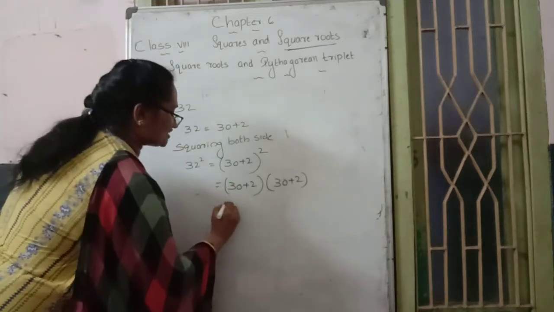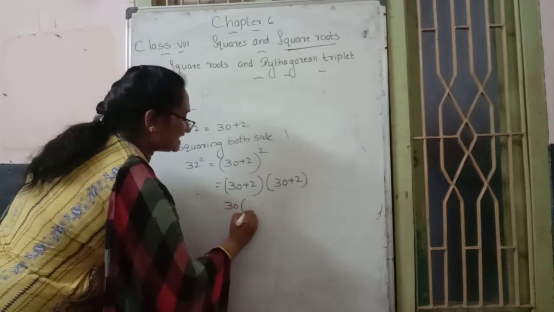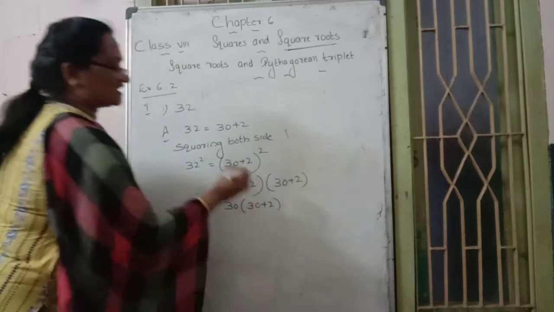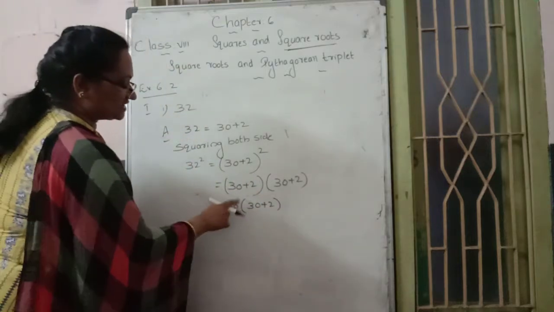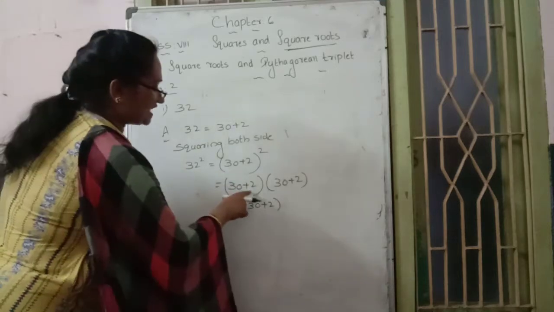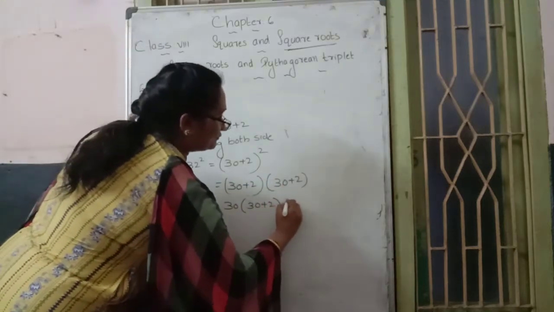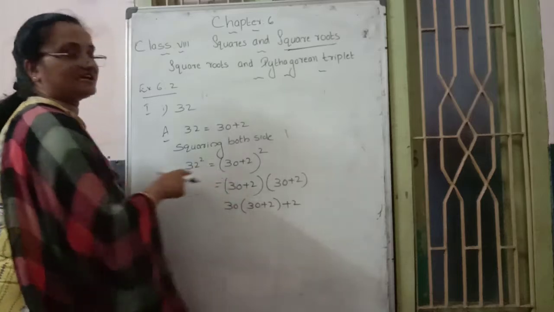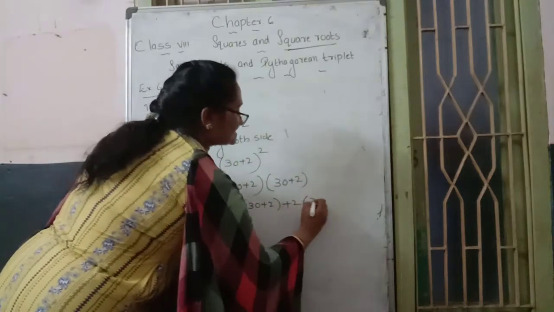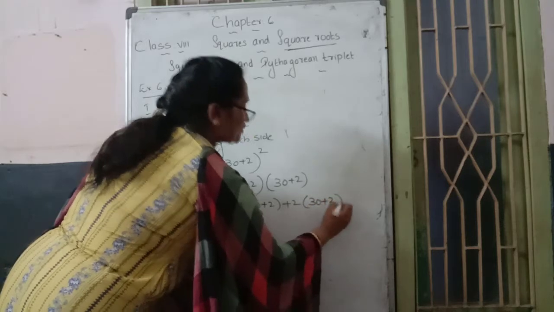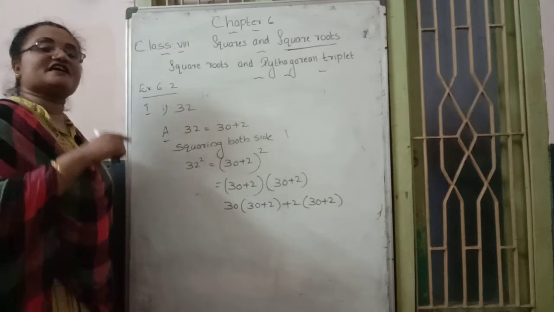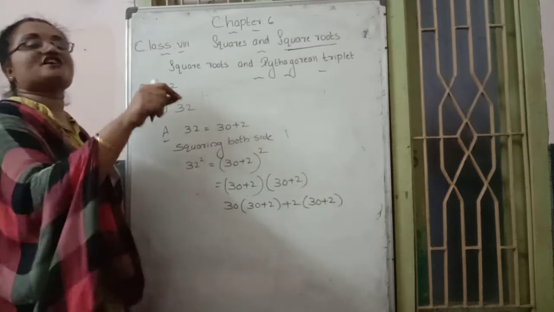In the first bracket, take the first number, 30, outside, and multiply it with the second bracket. In the same way, the second number of the first bracket, plus 2, is also multiplied with the second bracket. Here the distributive property of multiplication over addition applies.